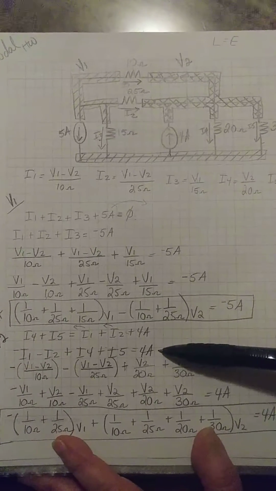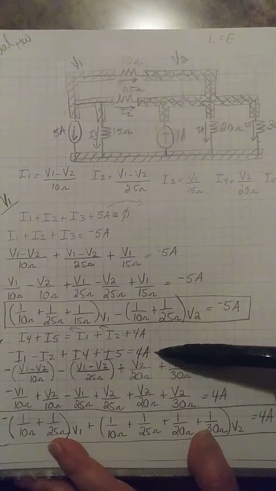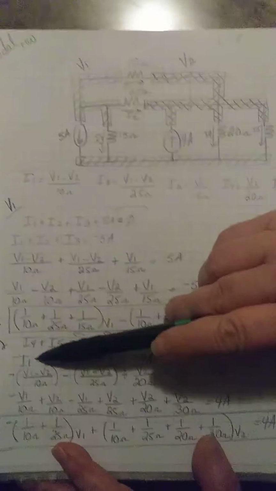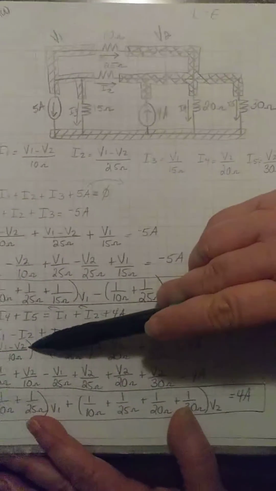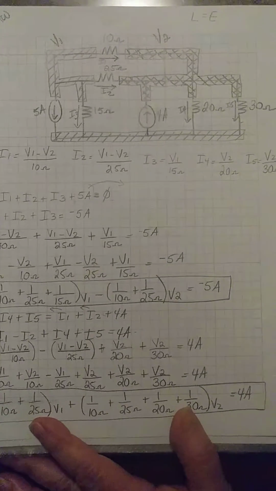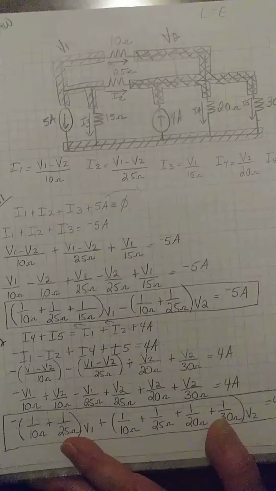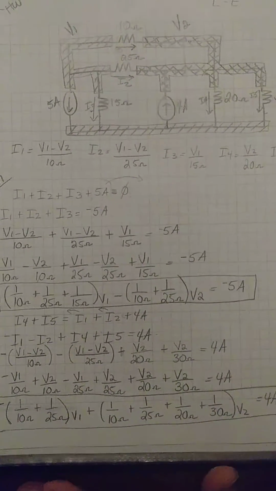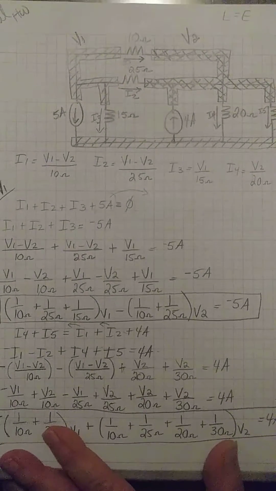We're doing the same thing we did for equation 1 and just substituting what we defined as I1 as (V1 minus V2) over 10 ohms. Remember, when there's a negative sign on the outside of the parentheses, you must distribute that negative sign.